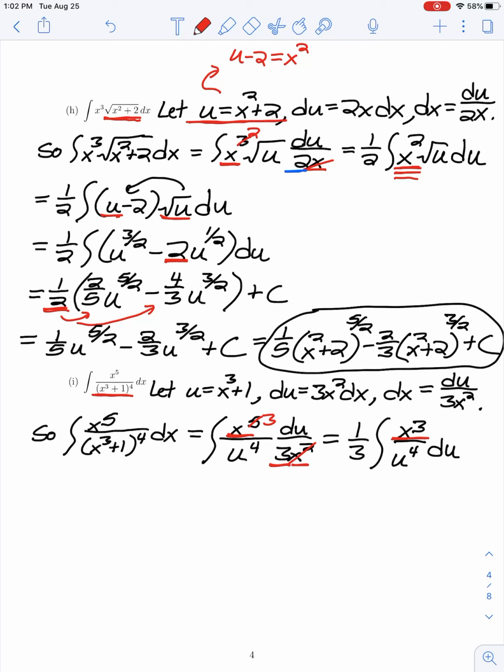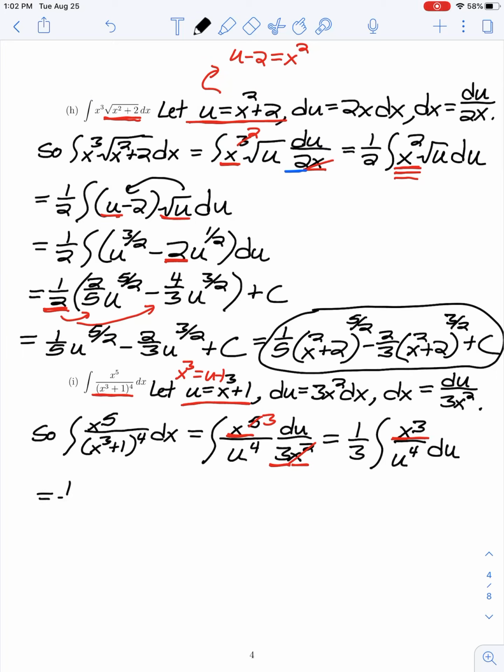So what can we do? Well, if we look back at our choice for the variable u, we saw it was x cubed plus 1. So to solve for x cubed, we could just subtract 1 from both sides. x cubed is then u minus 1.